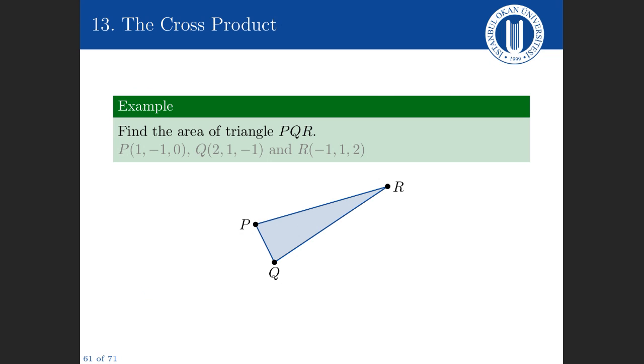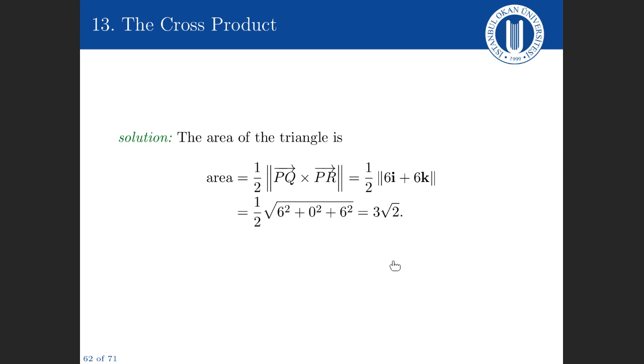Find the area of this triangle. This is exactly the same P, Q, and R as in the previous example. We talked about the area of the triangle. Area of the triangle is half multiplied by the norm of PQ cross PR. We've already calculated this.